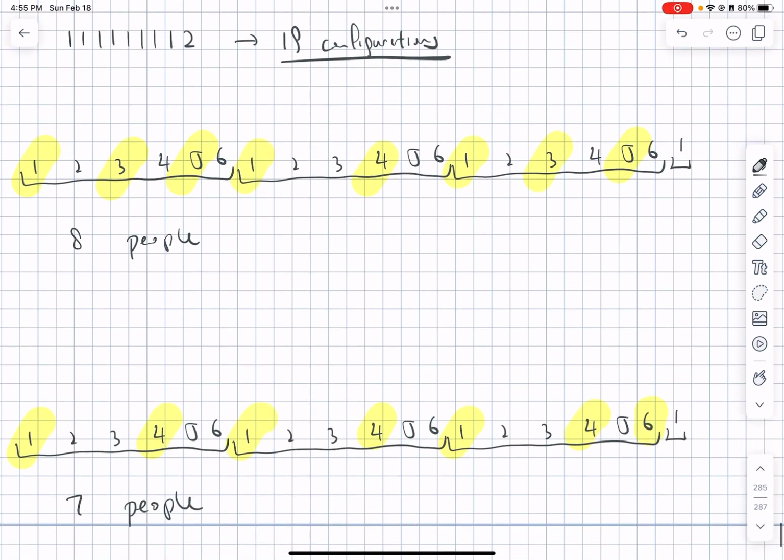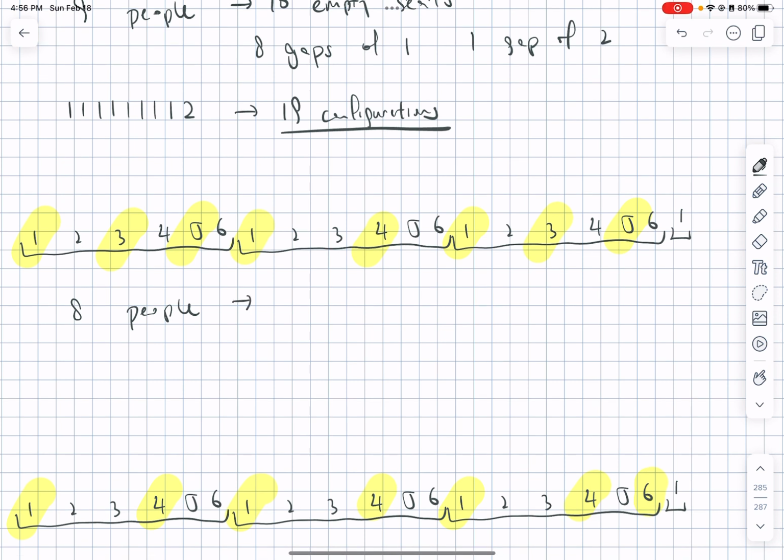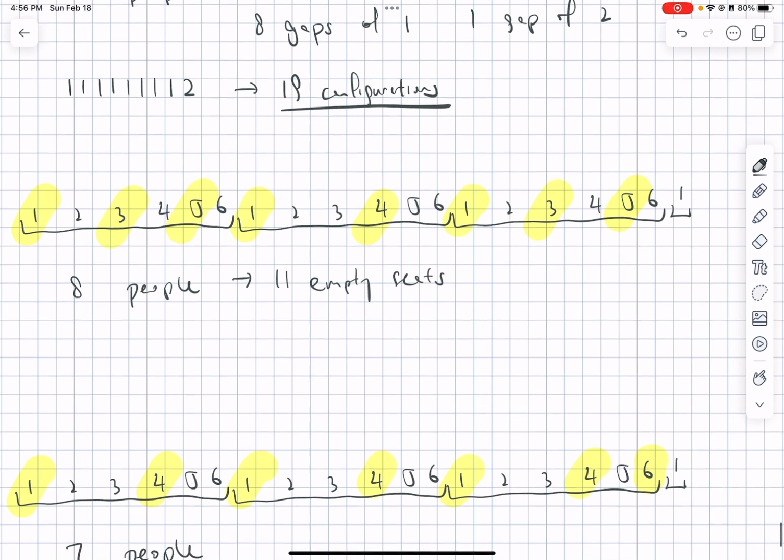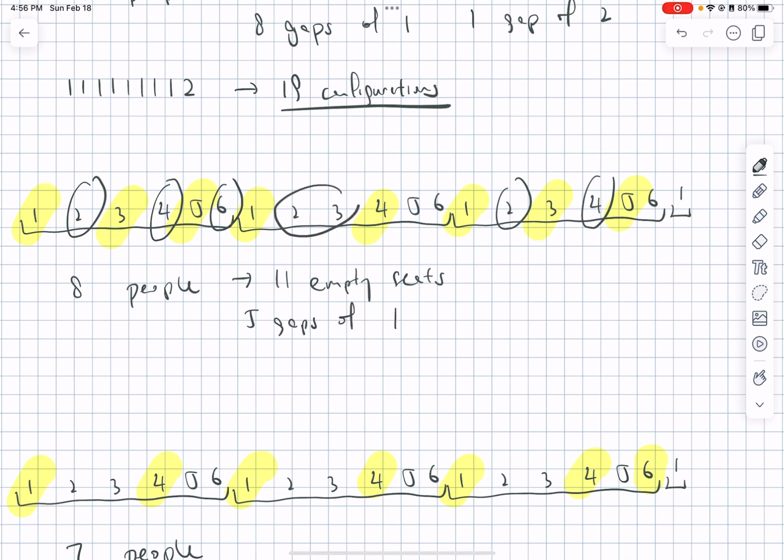So when there's 8 people, this means there's going to be 11 empty seats. When there's 11 empty seats, there's going to be a gap of 1, 2, 3, 4, 5. So 5 gaps of 1. And there are going to be 1, 2, 3, 3 gaps of 2.